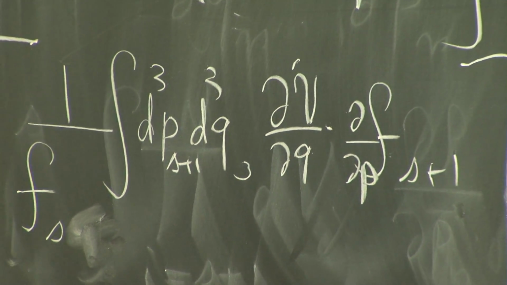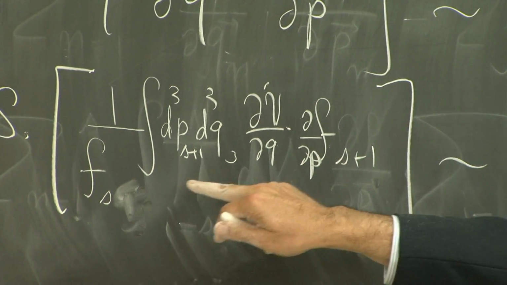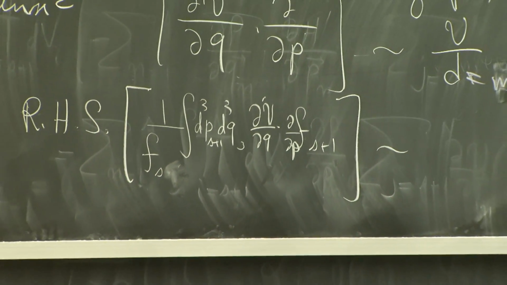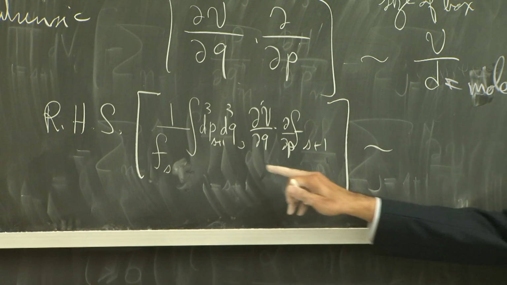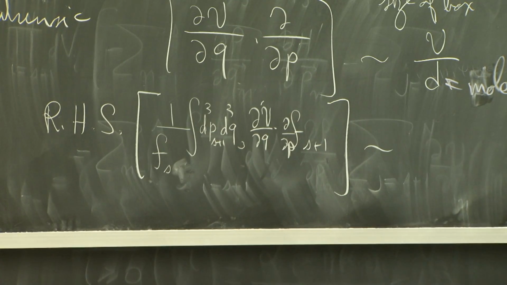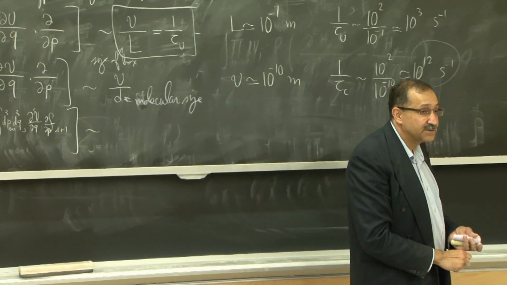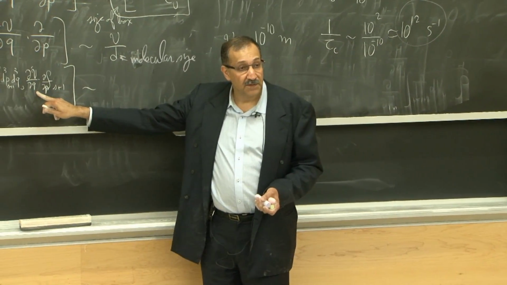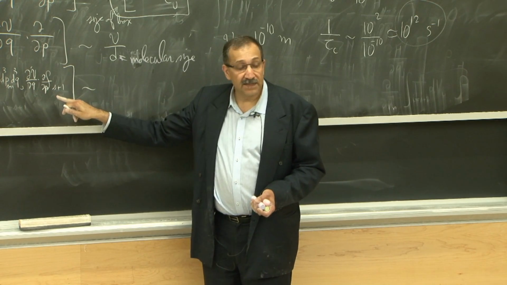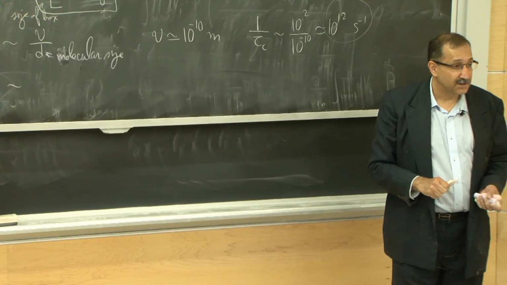Okay? So I have to do an additional integration over a volume in phase space over which two particles can have substantial interactions, because that's where this dV by dq would be non-zero, provided that there is a density for s plus 1 particle compared to s particles.